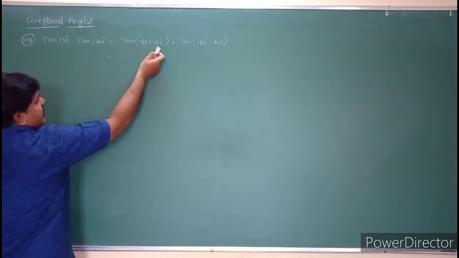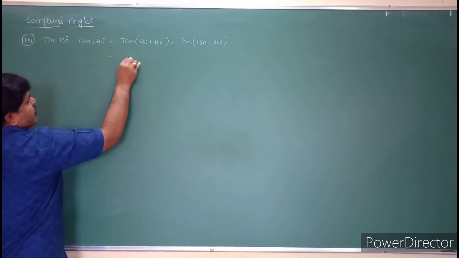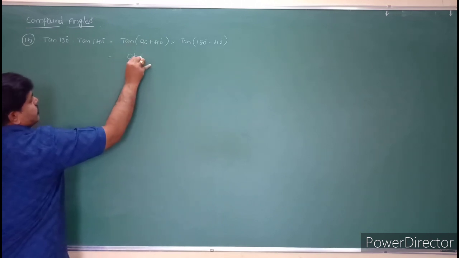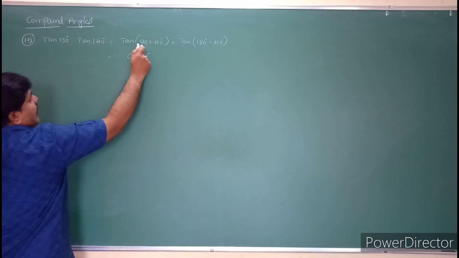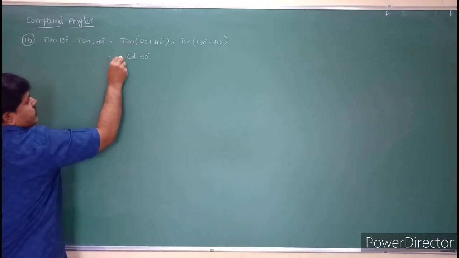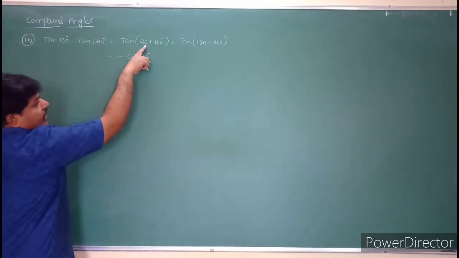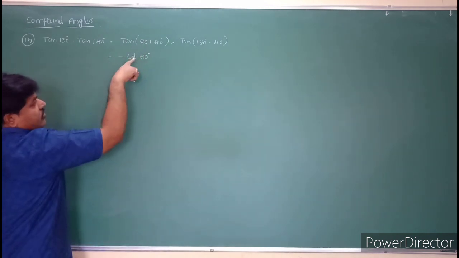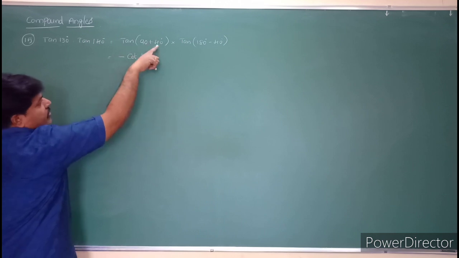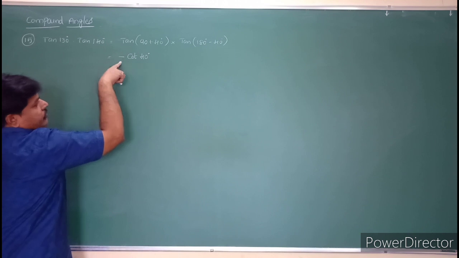So see this one. Tan of (90 plus theta): tan will convert into cot. 90 plus means it is in the second quadrant. In the second quadrant tan is negative, so it will become minus cot 40. Tan 90 is there, so tan will convert into cot.